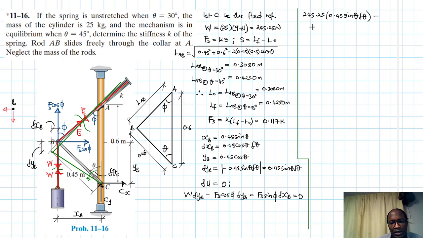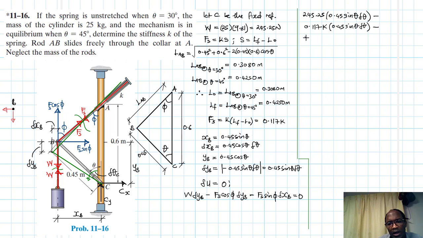Okay, then we have a minus fs. Why is it our fs? Our fs, we say it's just 0.117, written in terms of stiffness k, times also del yb, which is just 0.45 sine theta del theta.